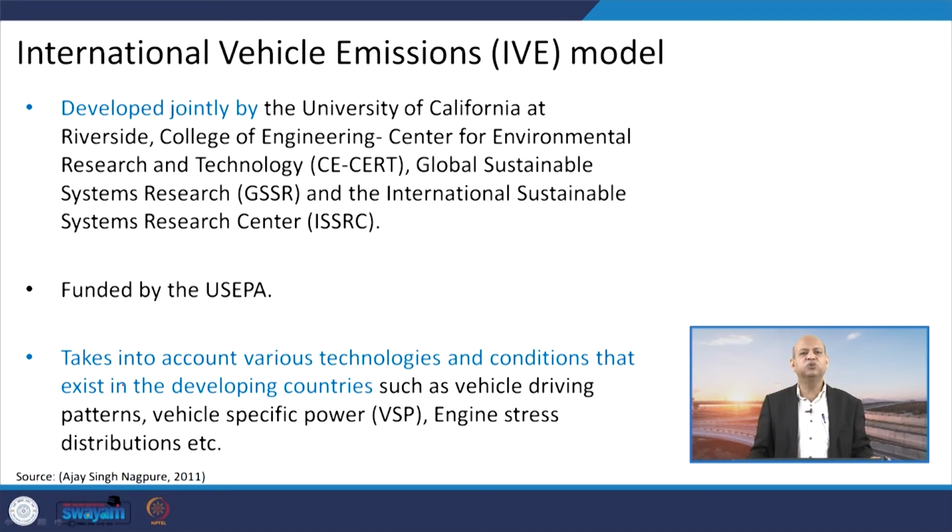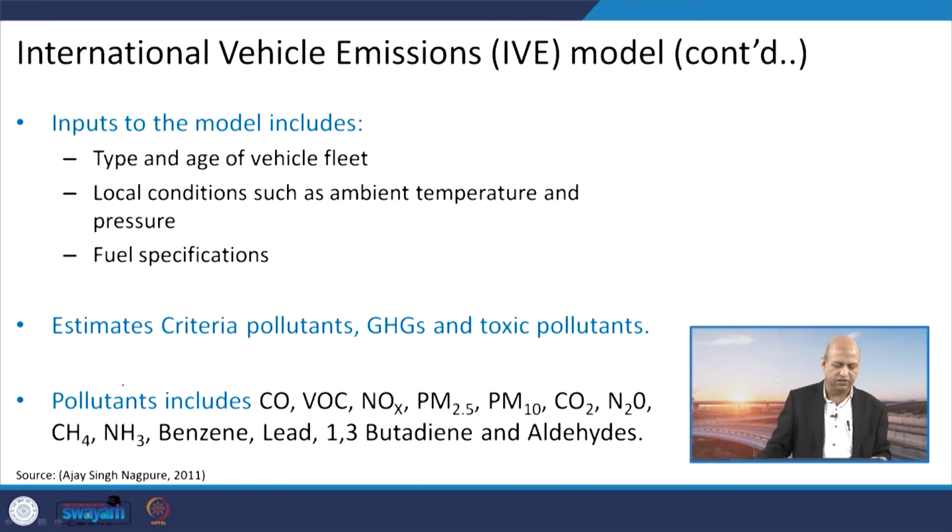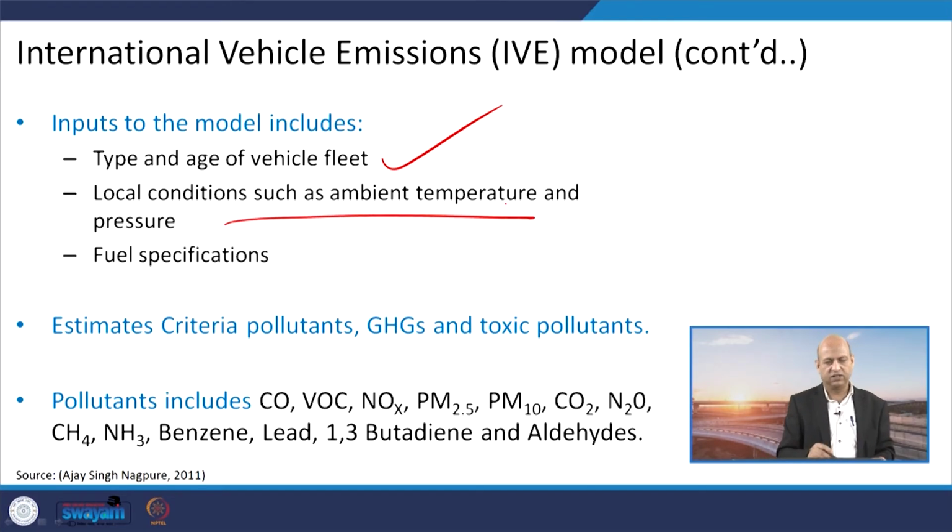It can take into account whatever technology different countries are using, but it is data intensive. Inputs include type and age of the vehicle, local conditions like temperature and pressure, and fuel specifications; the proper fuel specifications must be there, otherwise estimations will not be right.